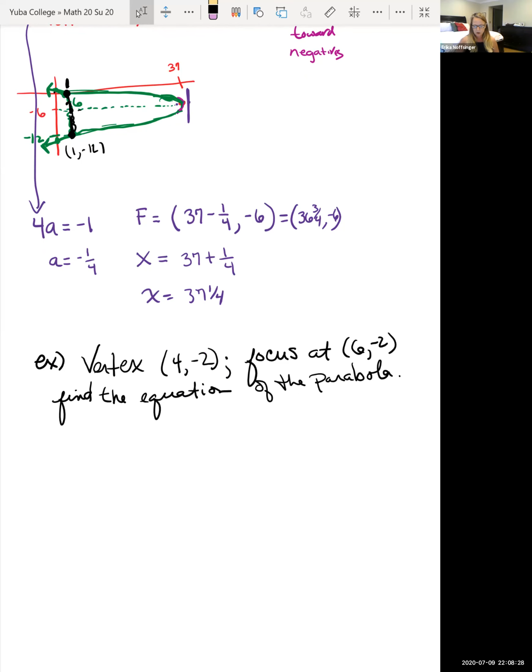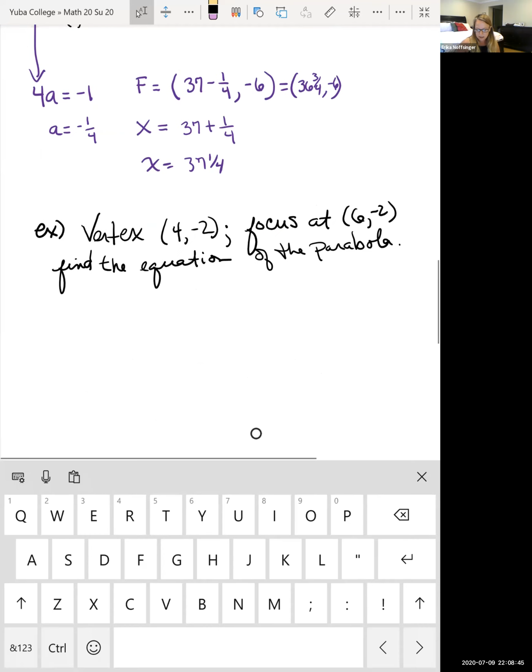Okay, so we know it's a parabola. We just don't know right now if it's facing up, down, left, or right. Knowing which direction it's going to face is going to help us determine which equation to use.